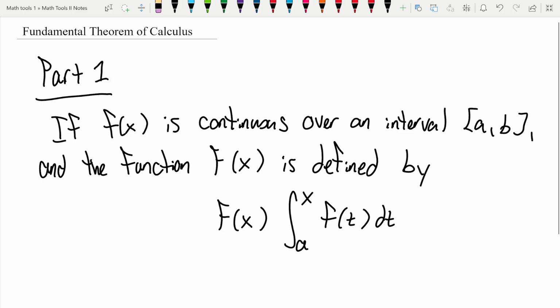Okay, so note what this is doing first. It's defining this as a function of x. So x is our variable for the function, and then you have a function within this function, which is a variable of t. Okay, so very important what it's doing here. A is just a constant. It's just the endpoint of the interval here. Okay, so that part's not as important.